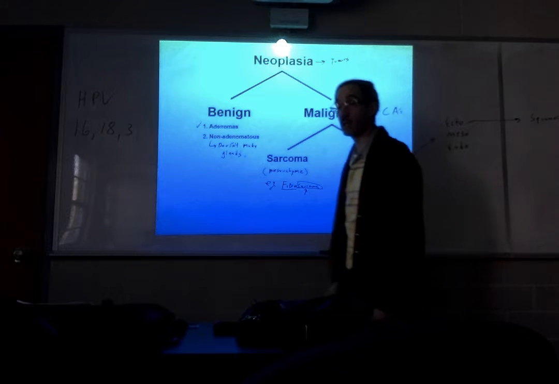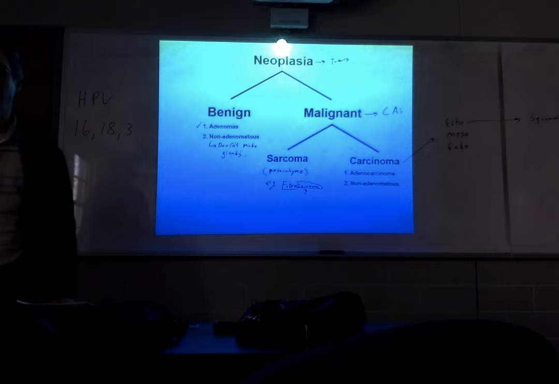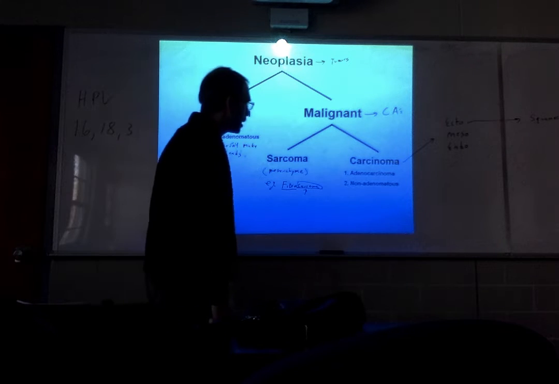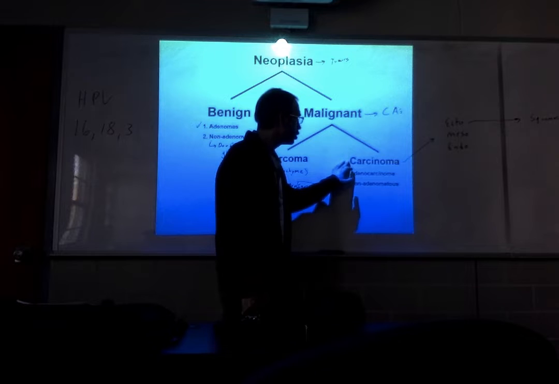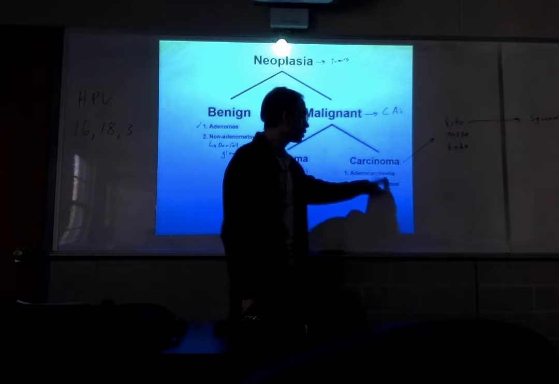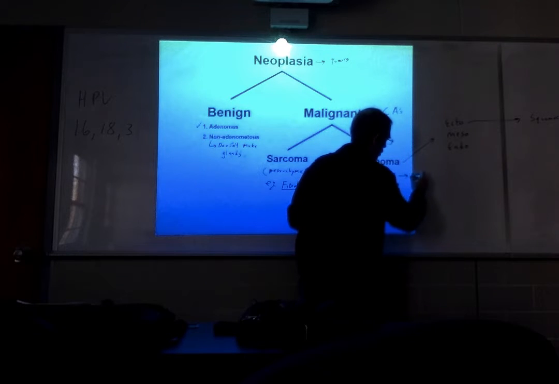However, sometimes the carcinomas will make sheets of cells and will not bother making glands. But sometimes, when the cells proliferate, they actually make glandular tissue. The carcinomas that make glands are referred to as adenocarcinomas. Okay? These are the malignant glandular tissue.